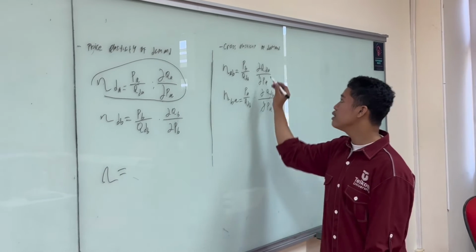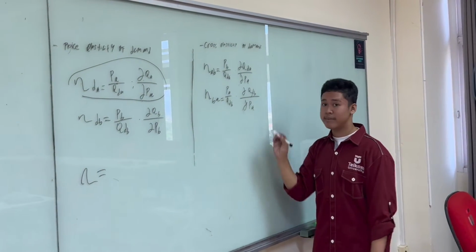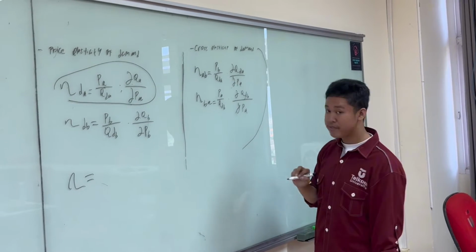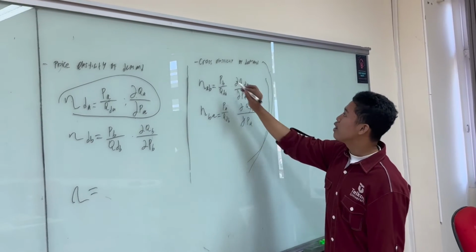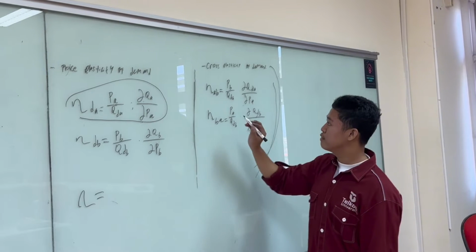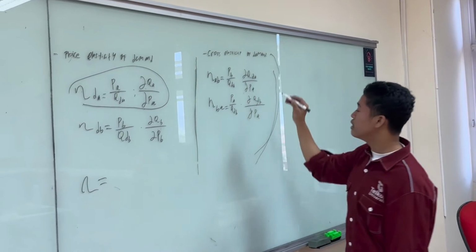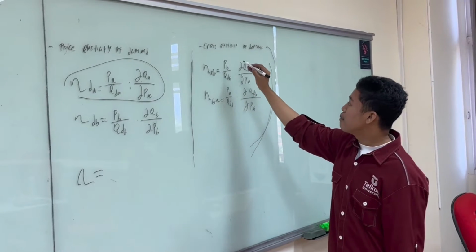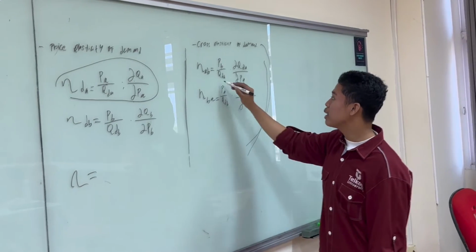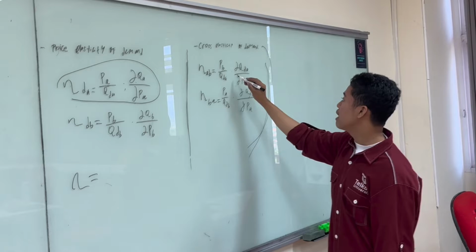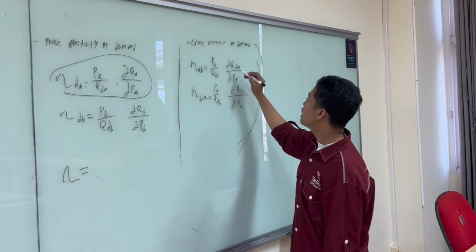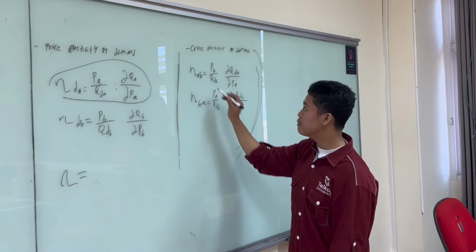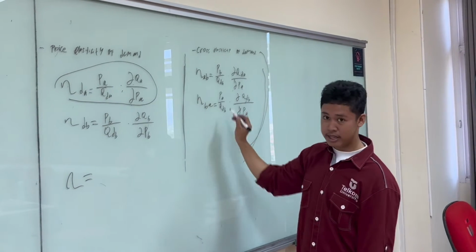Now let's move on to the cross elasticity of demand. This is the topic I'm going to discuss with my friend today. For the cross elasticity of demand, we call it nu AB: price B divided by quantity demand A, multiplied by the derivative of quantity demand A divided by the derivative of price A. This is for nu AB.